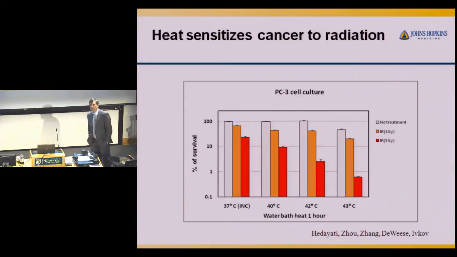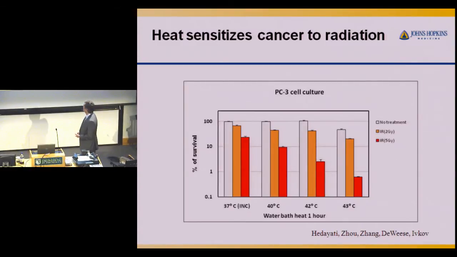You notice that as we increase the temperature, as we combine the radiation with higher temperature, we find something very interesting. And this is, in fact, the therapeutic. This is what generates the excitement for heat-based therapies. And that is, we can combine non-lethal doses of heat energy with low-level or low-cytotoxicity radiation and produce a significantly more cytotoxic effect or response.